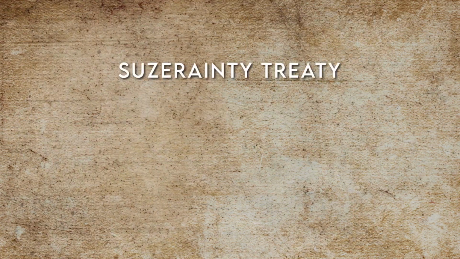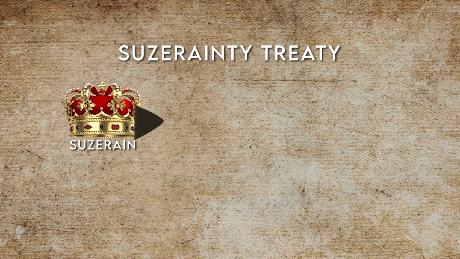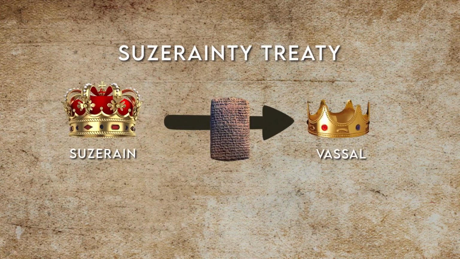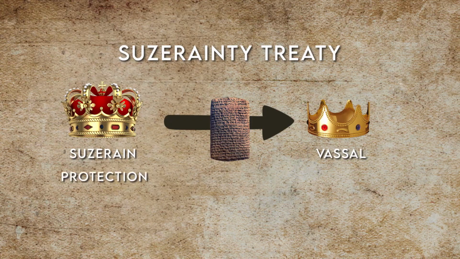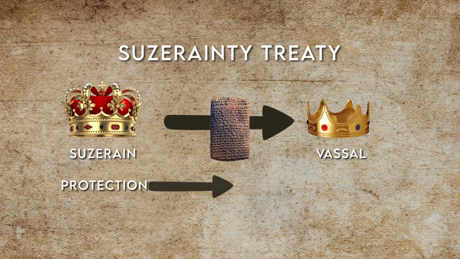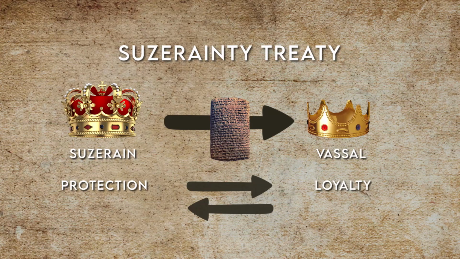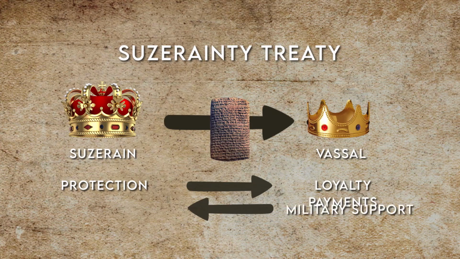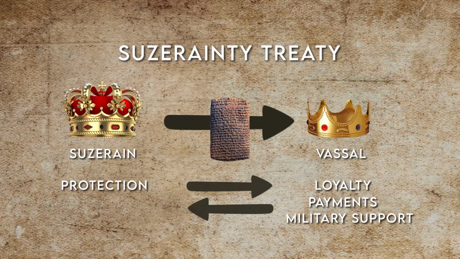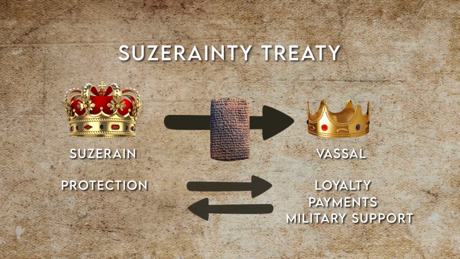In such a treaty, a superior king or suzerain would make a treaty with a weaker vassal king. The suzerain would promise protection for the vassal kingdom. In return, the vassal king would promise loyalty, regular monetary payments, military support during war, and so forth, sort of like the ancient version of a protection racket.